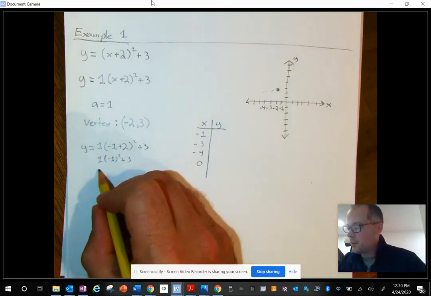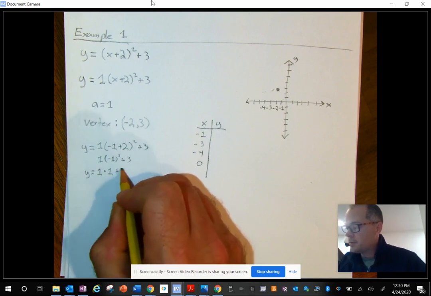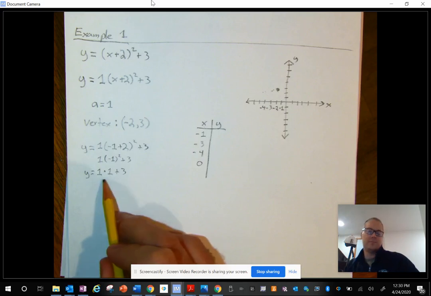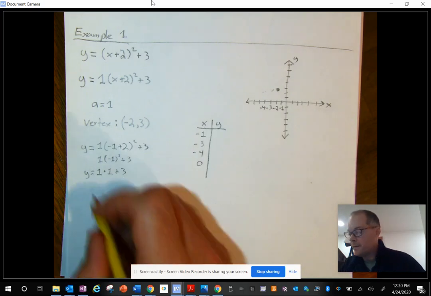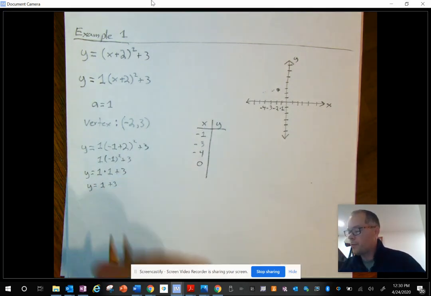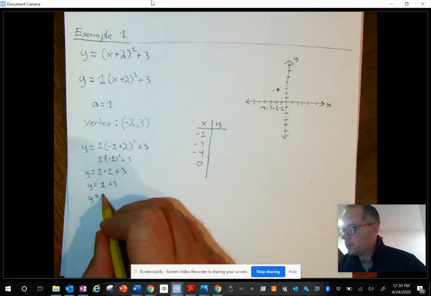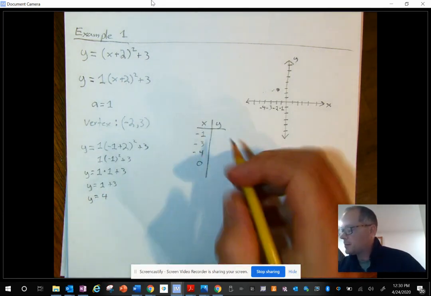So this would be y equals 1 times 1 plus 3. Now multiply these two. 1 times 1 is just 1. 1 plus 3 equals 4. So y equals 4. So when x is -1, y is 4.